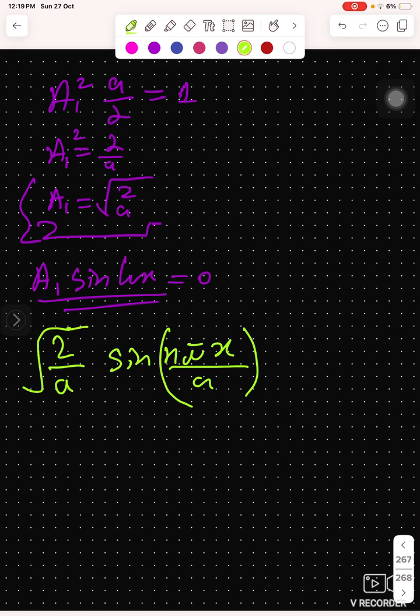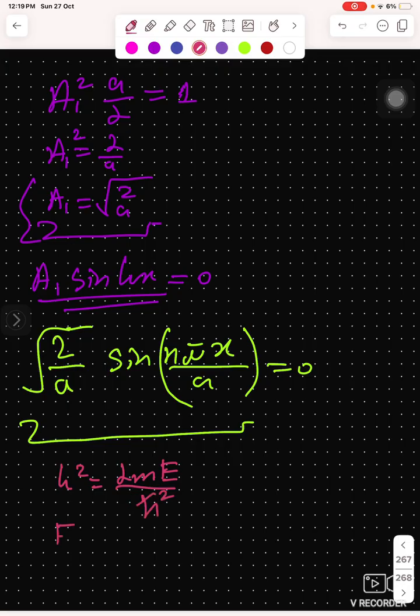Okay, this whole is 0, and that means we know that k square equals 2mE over h bar square.